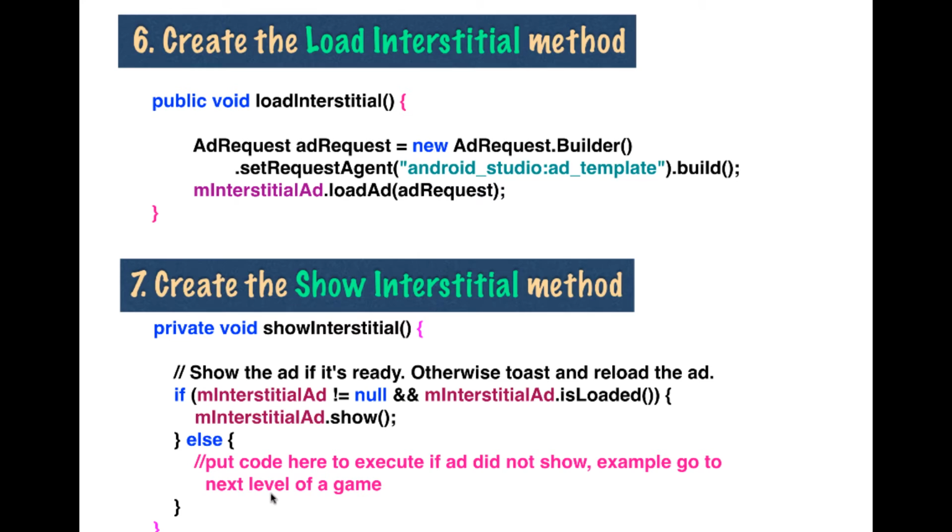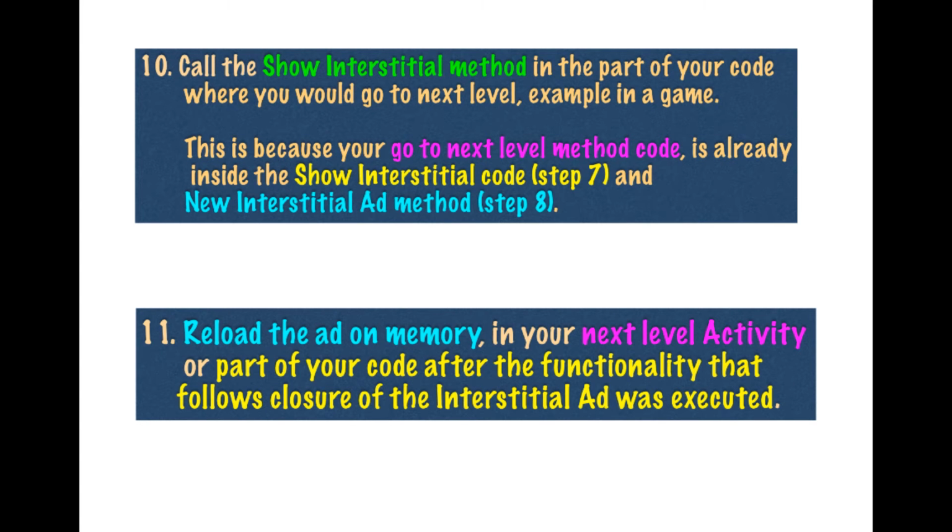Or which is to go to the next level of the game. And that's a very important thing to put in your mindset or in your app, because that's the thing that would load the game into the next level or your app into the next screen.